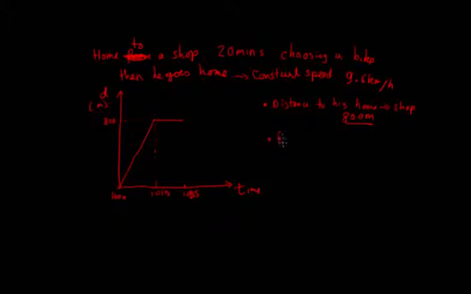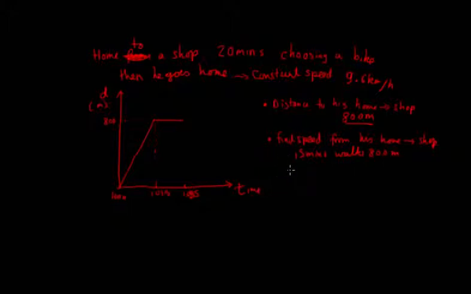Next is find the speed from his home to the shop. For this, we need to calculate the gradient. So in 15 minutes, he walks 800 meters.